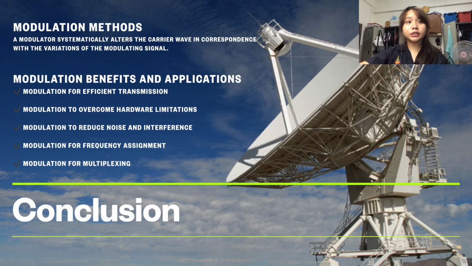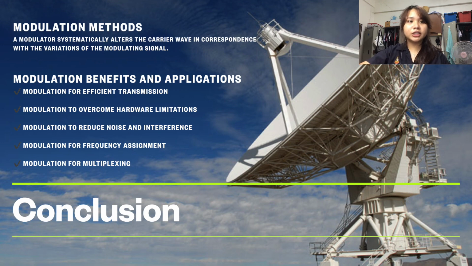In conclusion, I talked about modulation methods. My main point was that the primary purpose of modulation in a communication system is to generate a modulated signal suited to the characteristics of the transmission channel. Modulation has several practical benefits and applications.